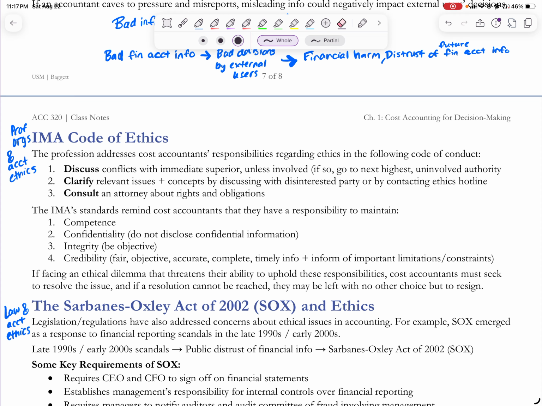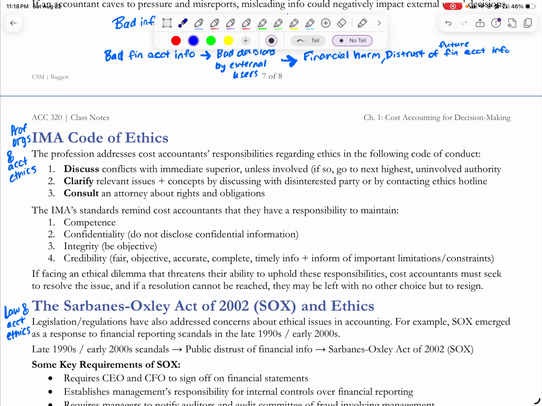It encourages cost accountants who are facing some kind of ethical dilemma to discuss their dilemma with some immediate supervisor who is not involved in the conflict, and to clarify the issue with that disinterested, unbiased party so that you can hopefully find a resolution.